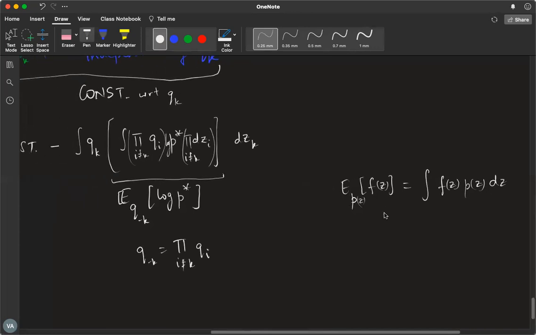Since our distribution, the PDF, is simply this product of all qi except qk, all i except k, we call the whole joint distribution q of minus k. It's a joint distribution of all variables zi except zk, right?